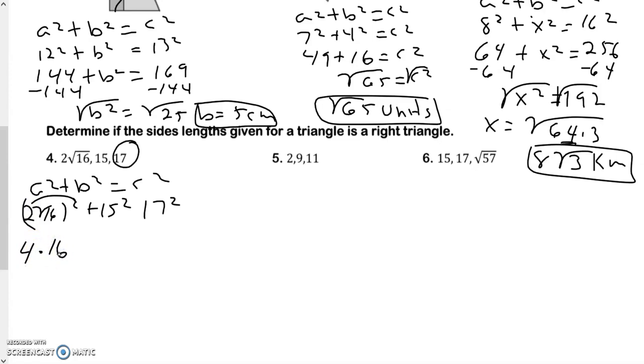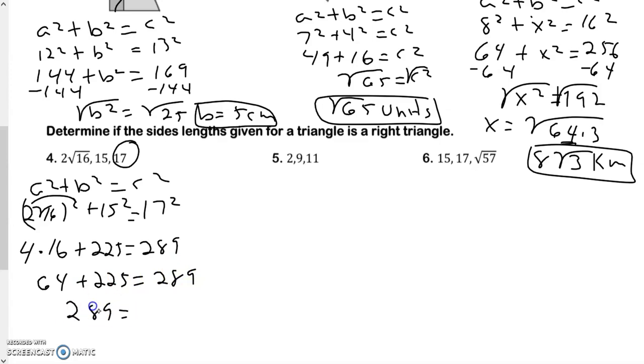And then 15 times 15 is 225 equals 17 times 17, 289. Then 4 times 16 is 64 plus 225 equals 289. I add 64 and 225, and I get 289 equals 289. So this is a yes. It's a right triangle.